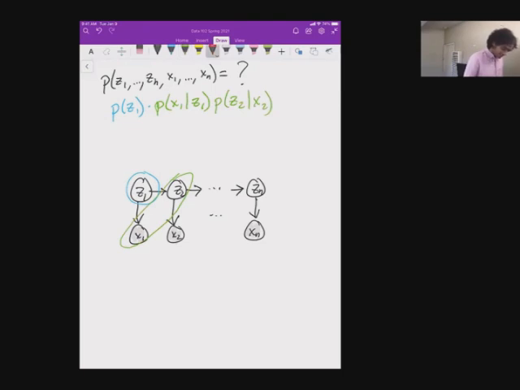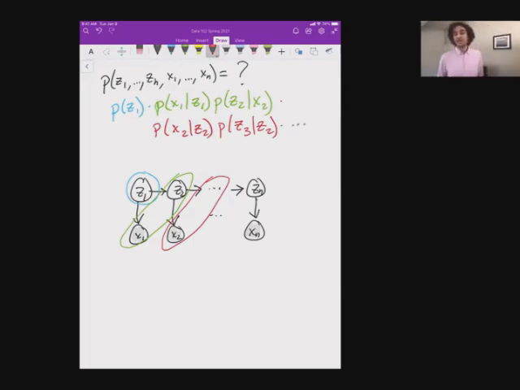And then next we go to X2 and Z3. I'm going to continue on the next line: the probability of X2 given Z2, because X2 only depends on Z2, multiplied by the probability distribution for Z3 given Z2, and so on, all the way up to the very end.